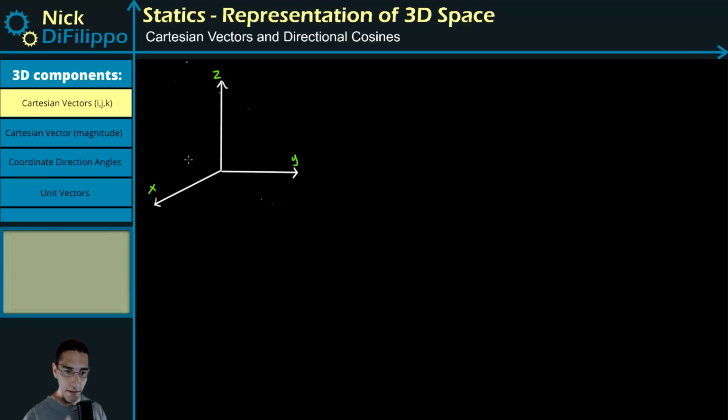So now that we have the x, the y, and the z, we're going to introduce a vector. We'll say this vector right here is some point P, and P is a vector that is in 3D space.